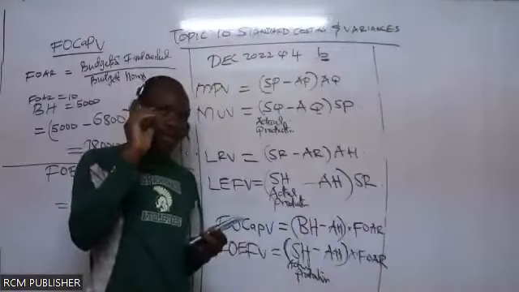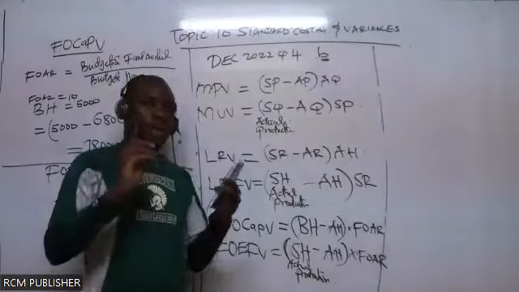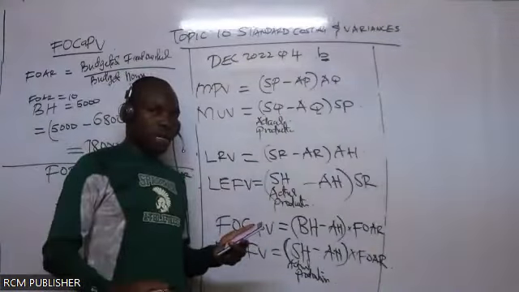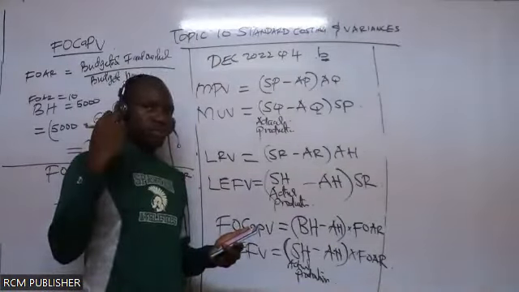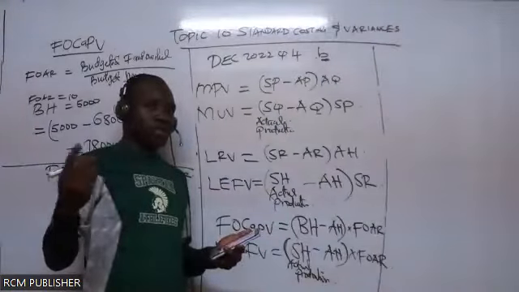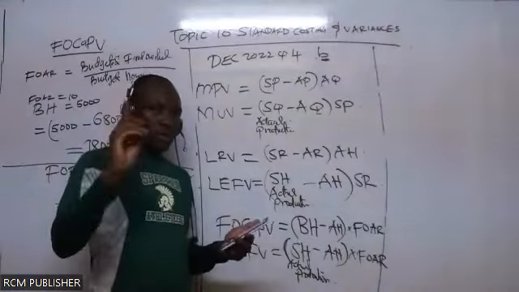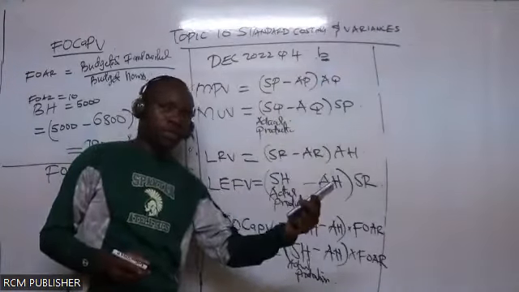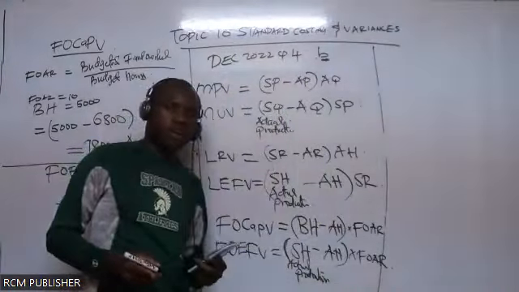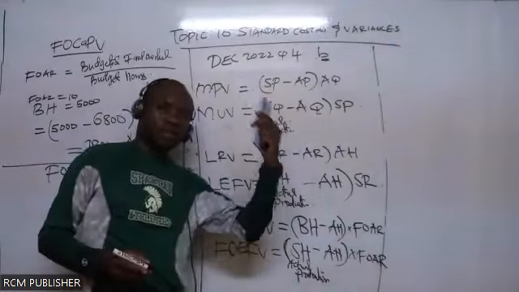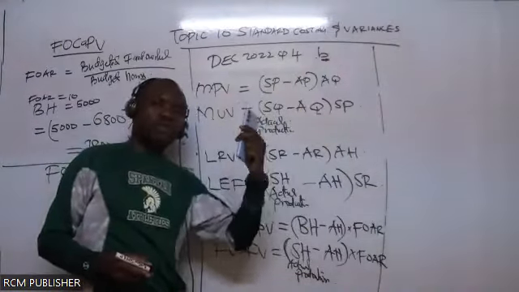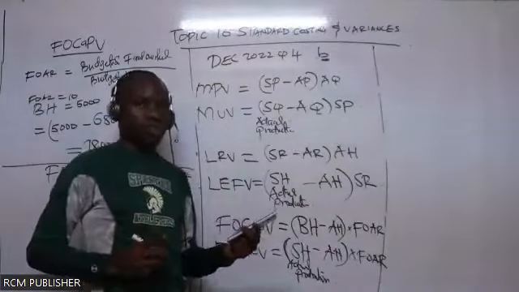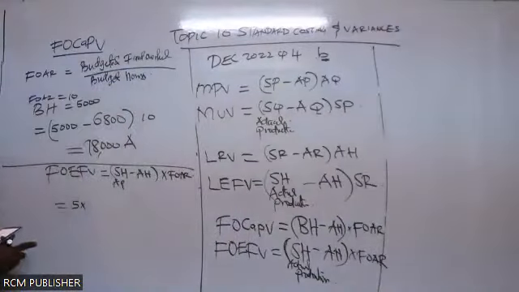And we are going to multiply that by the actual production, which is 1400. So if you're going to deal with the labor, you take the standard hours of direct labor. If you're going to deal with fixed overhead, you take the standard hours of fixed overhead, which happens to be 5 in this question. So we are not going to confuse the two.